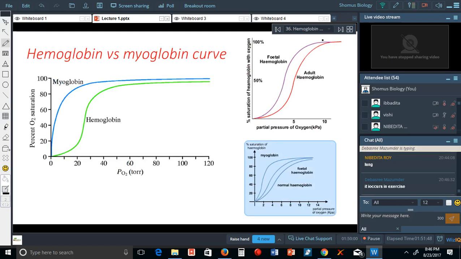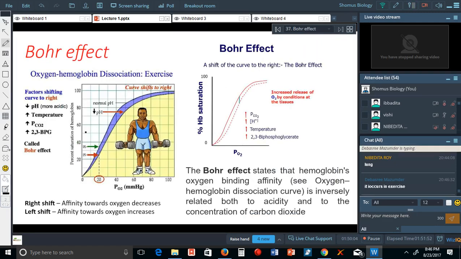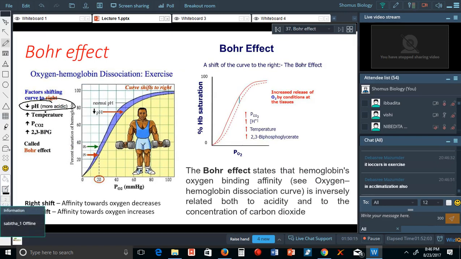If we look at here, this is the Bohr effect, sliding of the oxygen saturation curve to the right. What does that signify? Because in the tissue, we have low pH, that means more acidic, higher temperature, higher partial pressure of carbon dioxide, higher concentration of 2,3 BPG. So what is the Bohr effect?